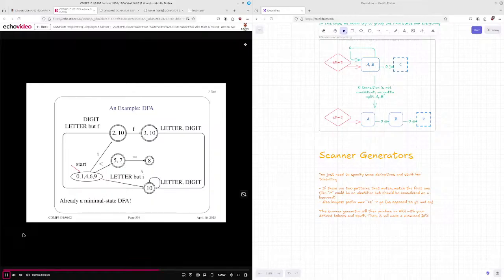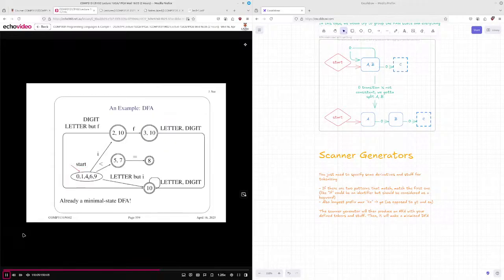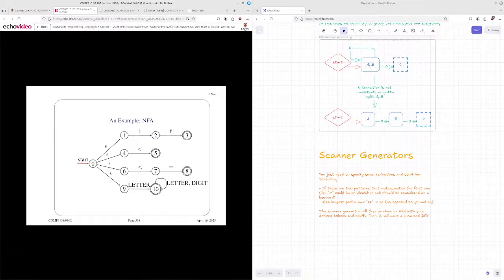If you look at this, it makes sense. It says, look, 0, 1, 4, 6, 9, it's all merged. You start from here. So if the next input is less than, you go to 7. Why? Well, if the next input is less than, you obviously go to 7.